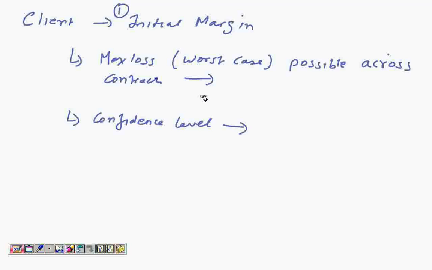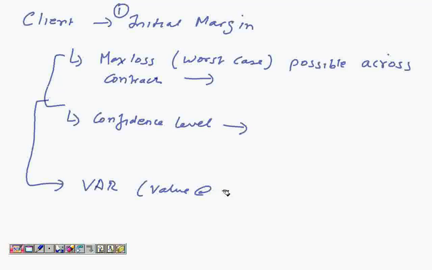So this is on the basis of something very commonly heard, but you would have wondered what it is. It's the VAR, or the value at risk. So value at risk basically looks at the maximum possible loss across contracts at the current confidence level of the market, right? And that is what it is.